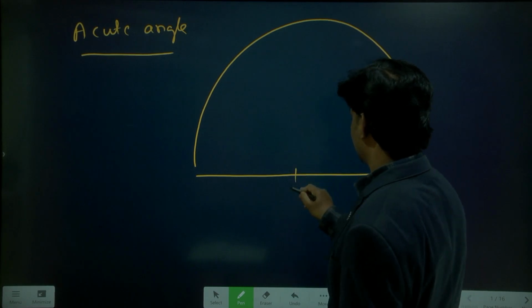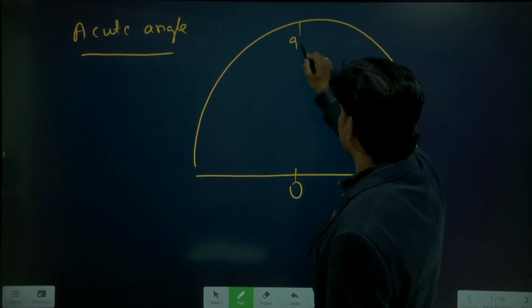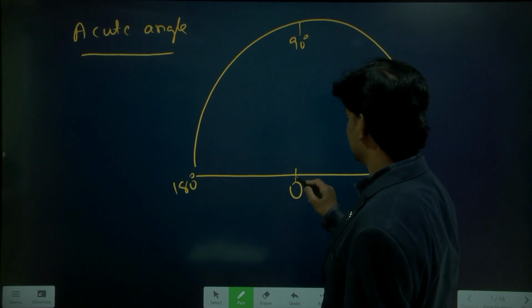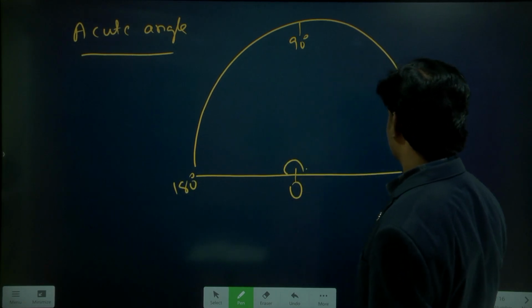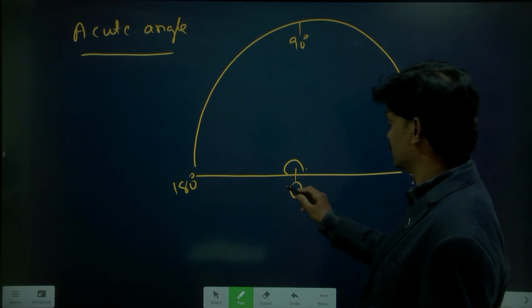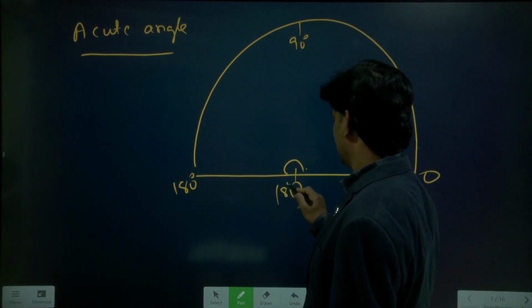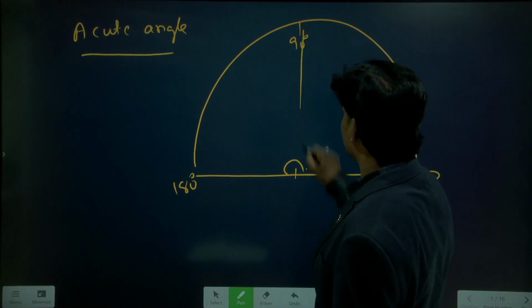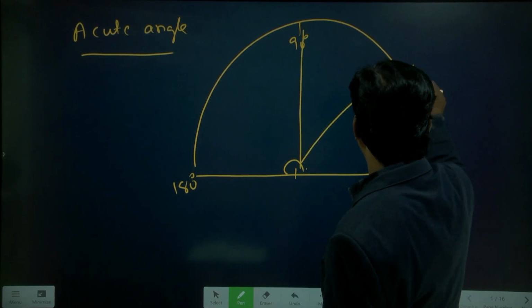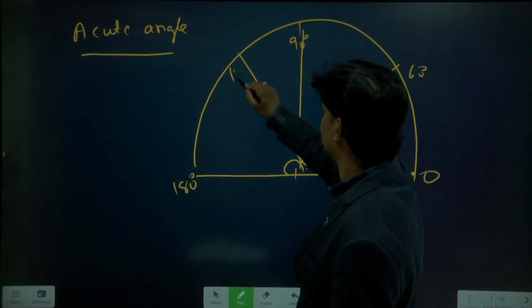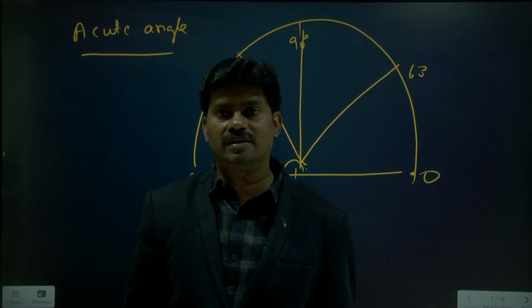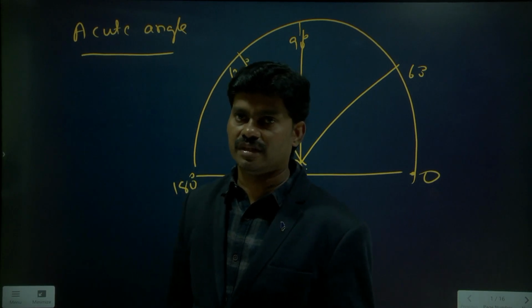Here we can see 0 degrees, 90 degrees, and here 180. Here starting is 0, here 90 degrees, here 60 degrees, and here 120. Just roughly I am drawing the protractor. Based on the protractor, I will tell you the types of angles.